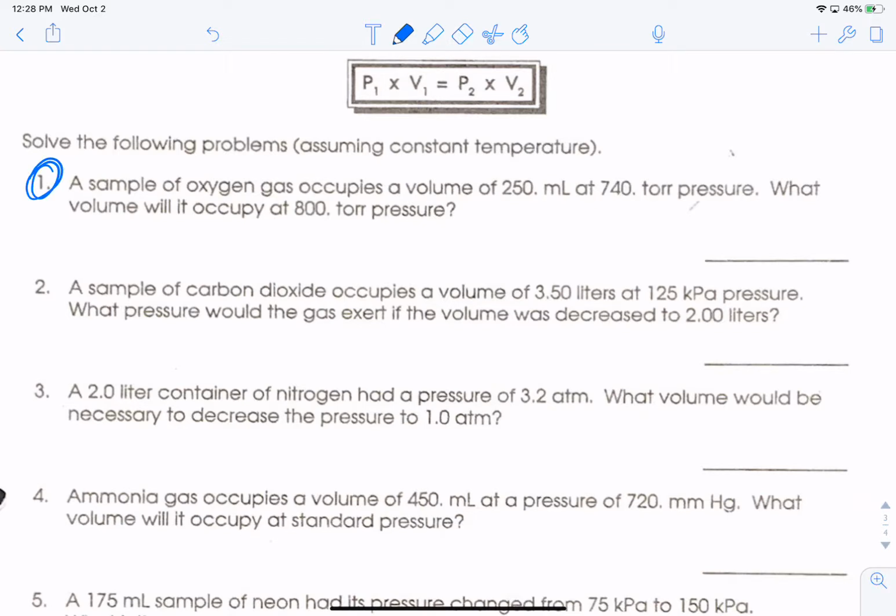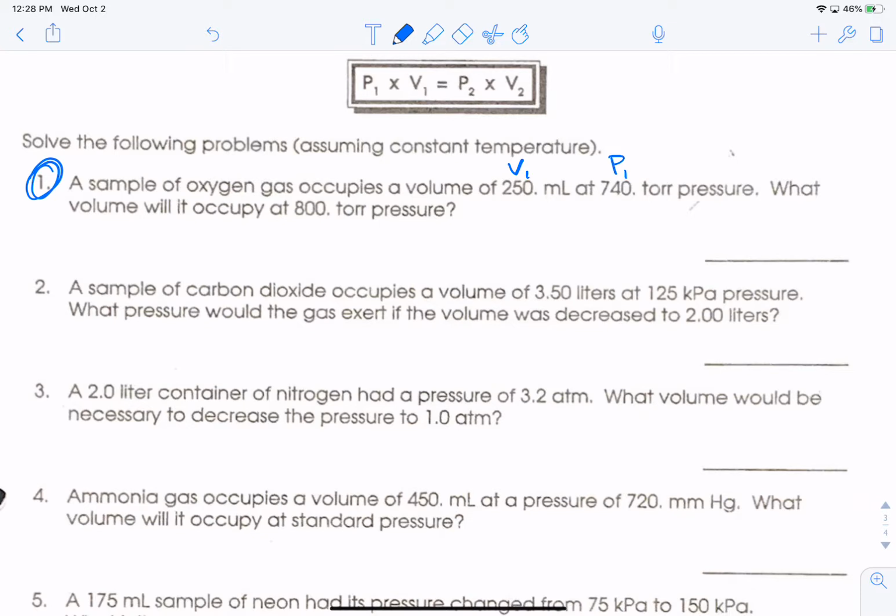A sample of oxygen gas occupies a volume of 250 milliliters. Milliliters, what type of unit is that? Volume. Watch what I'm doing. I'm annotating. At 740 torr. What is torr a unit of? Pressure. Oh, okay, so here's my V1, P1.